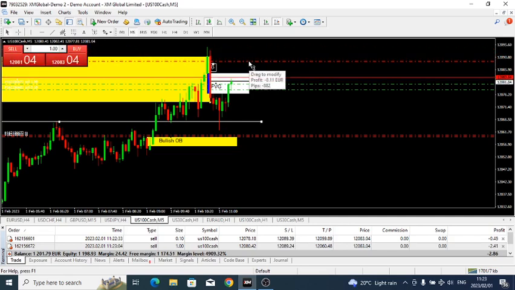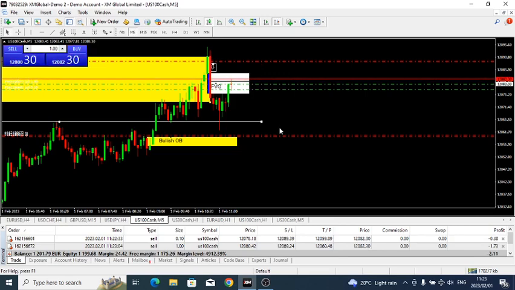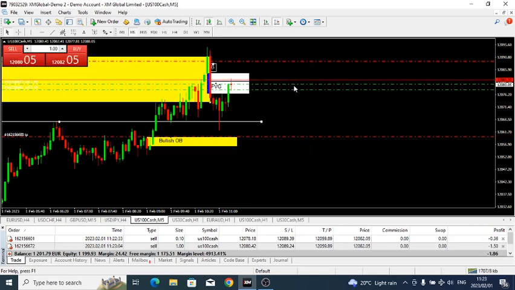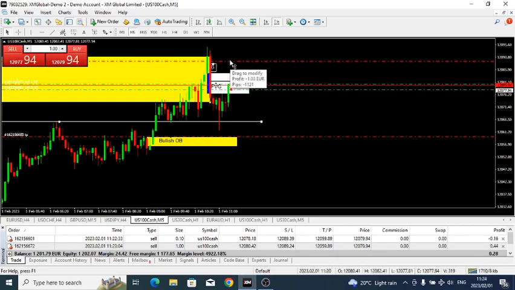Stop loss will be 8 to take €10. But you guys, you don't have to do it like me. You have to put your stop at that candle's high to be on the safe side.